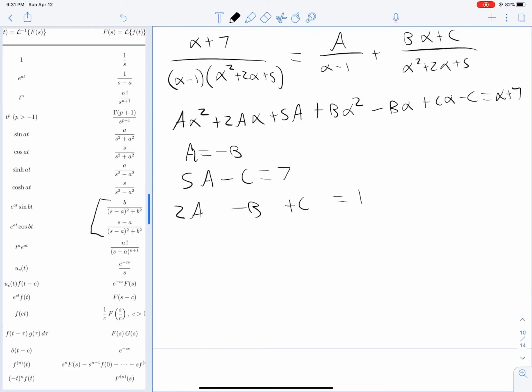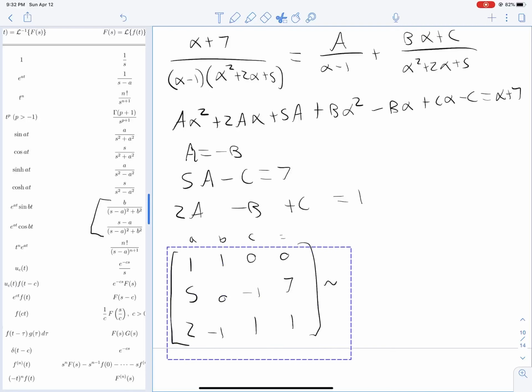We can rewrite this first line as 1, 1, 0, 0, where this is our A, B, C, and our equals position. We have 5, 0, -1, 7, and 2, -1, 1, 1.